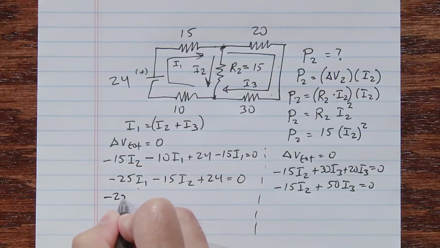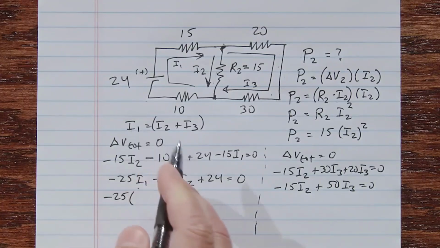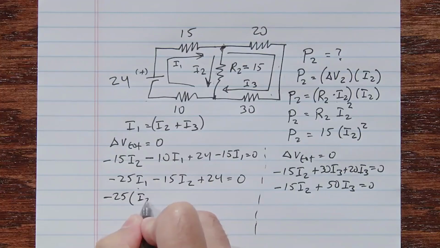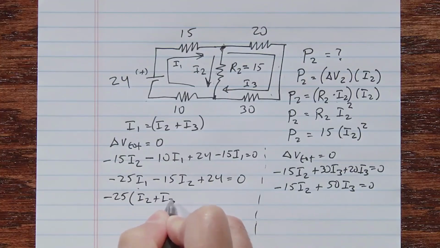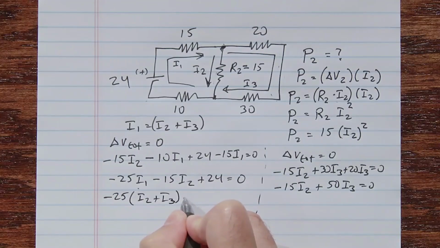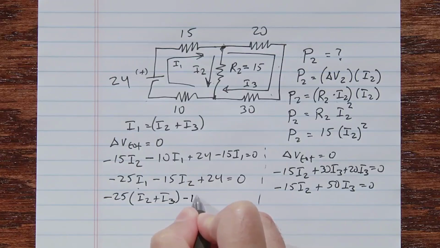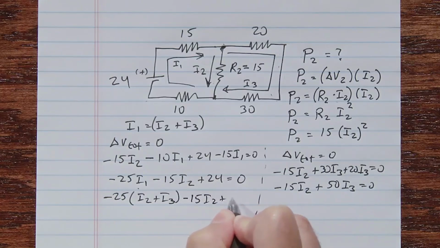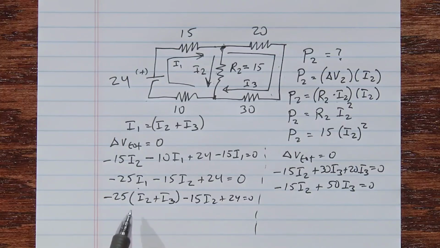So I have minus 25 I1, which is 25 times I2 plus I3, minus 15 I2 plus 24 is equal to 0. So I have minus 25 I2, and I also have minus 15 I2.